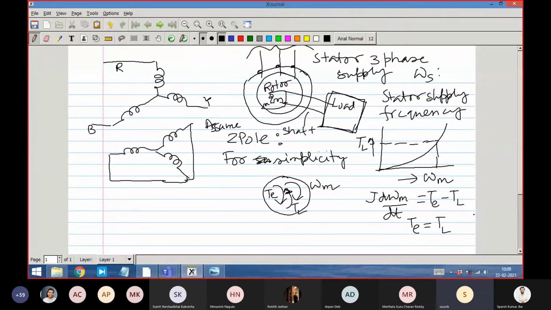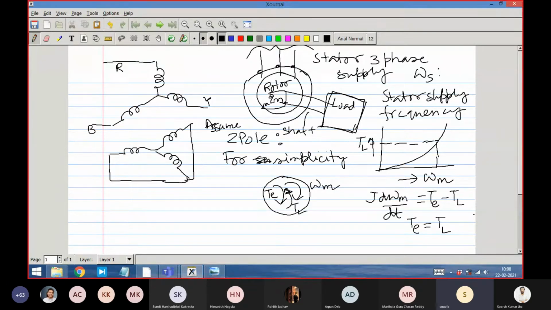So eventually, if this has to come to a steady state, meaning that no change is happening in any one of the variables, that is, the rate of change of any variable is 0, that means the system has become periodic. It doesn't mean that there is no motion. There is motion, speed is constant.